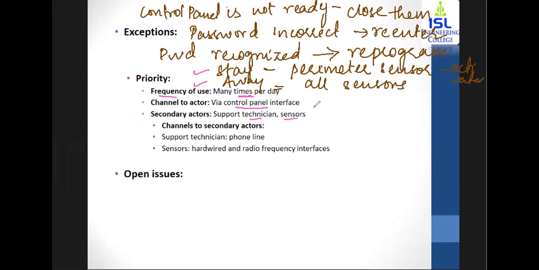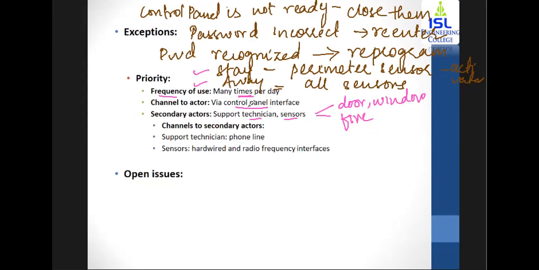Within sensors, we have already learned sensors that can be your door or window sensors, fire sensors, different types of sensors that you are attaching within the home. Whereas the technician is who is going to maintain this particular software. If anything goes wrong with the software, who are you going to contact? He is the technician.